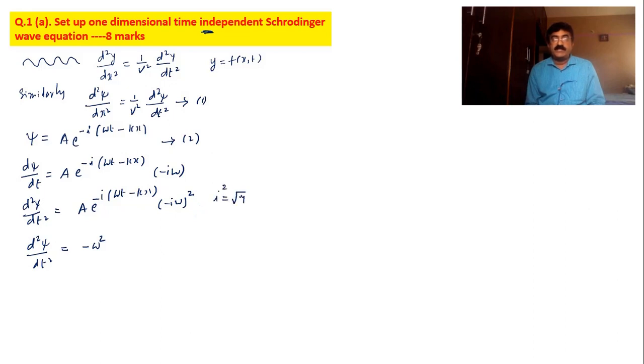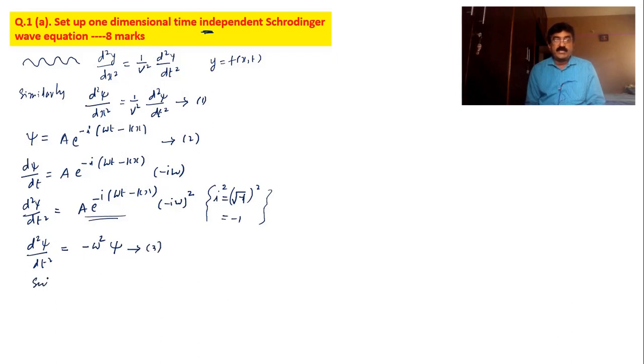So i square is equal to root of minus 1 whole square, that is equal to minus 1. I hope you know this. Therefore, this whole thing becomes psi. Call this equation number 3.